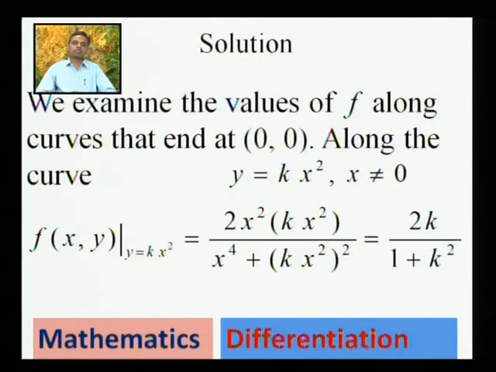Now, instead of y, you put kx², divided by x⁴ plus y², that is y equals k times x² whole squared. Now, if you take x² common from the numerator and denominator, then x² will cancel out, and f(x,y) at y equals kx² will be 2k divided by 1 plus k².